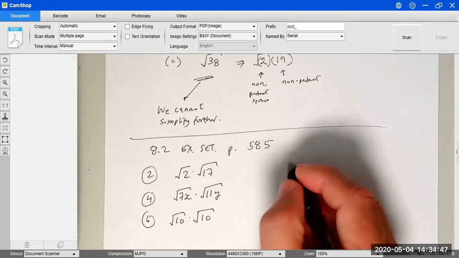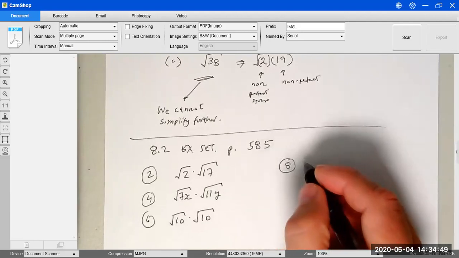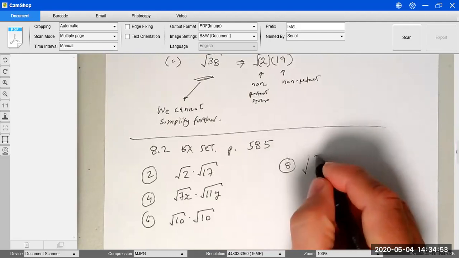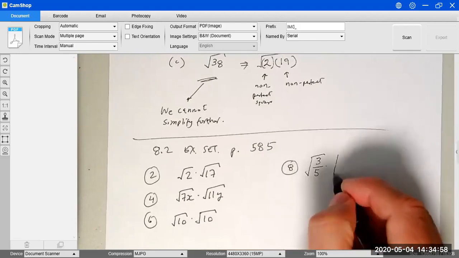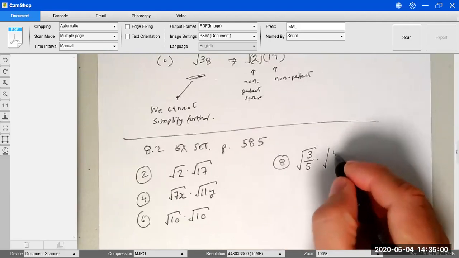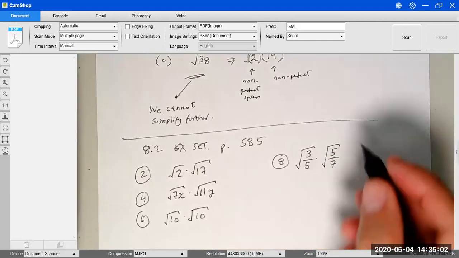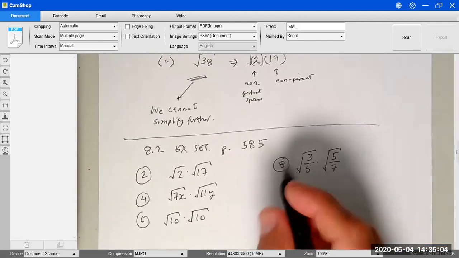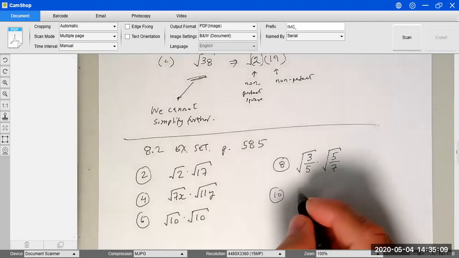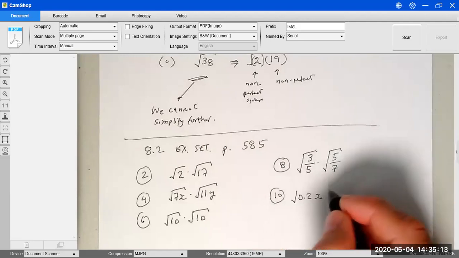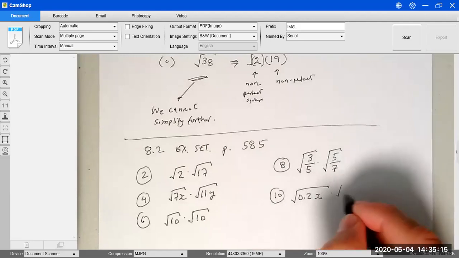Then we have problem 8, square root of 3 over 5 times square root of 5 over 7. Don't forget simplifying fractions if you can. Problem 10 is square root of 0.2x times the square root of 3y.